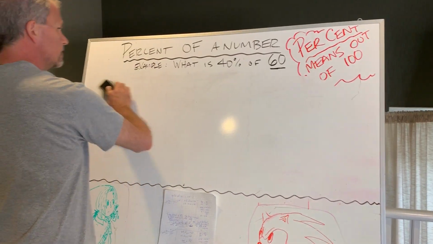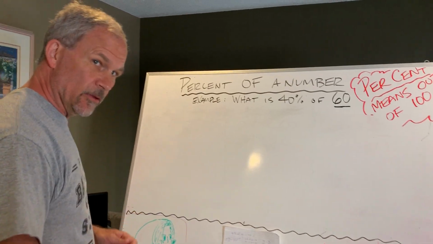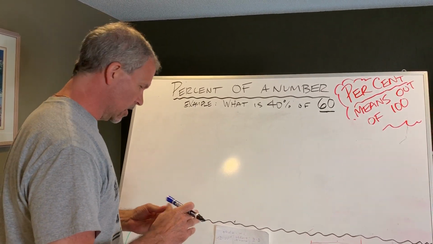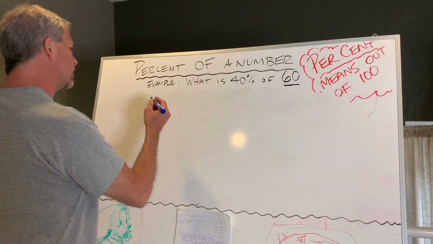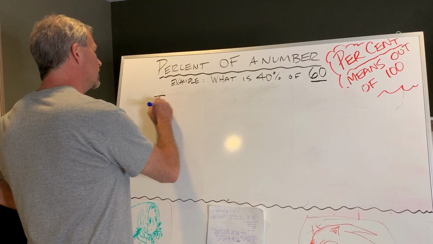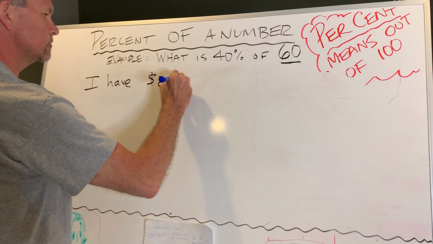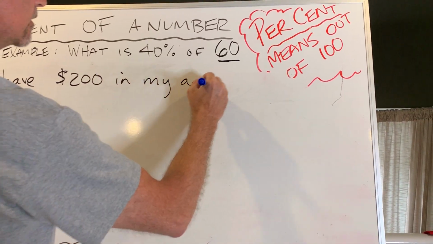If I said, right about now, if people have money in the market, they're making money or they're losing money, but I'm going to pretend that I'm making money because I like to make money more than I like to lose money. So I'm going to start with, let's say I have $200 in my account, okay?